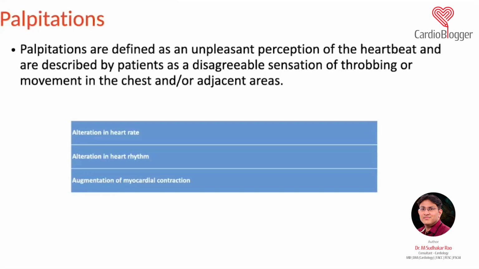So that contraction is being perceived as a palpitation. Third is augmentation of myocardial contraction, like in anemia or thyrotoxicosis, or congestive cardiac failure, or in mitral regurgitation, aortic regurgitation, where so much regurgitant volume is coming that the myocardium has to contract more to pump the blood. So these are how the patient gets a palpitation.